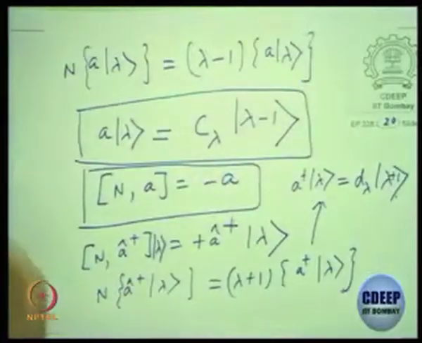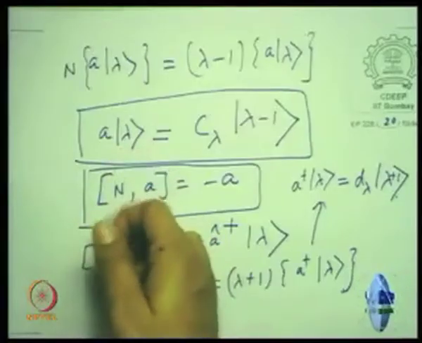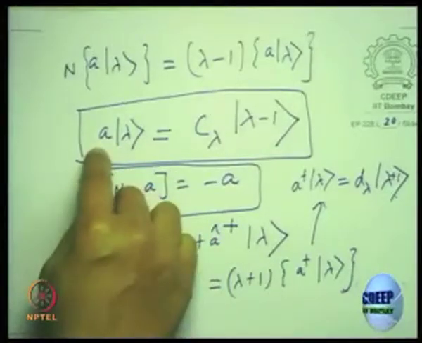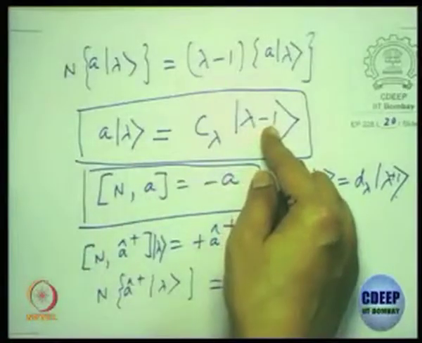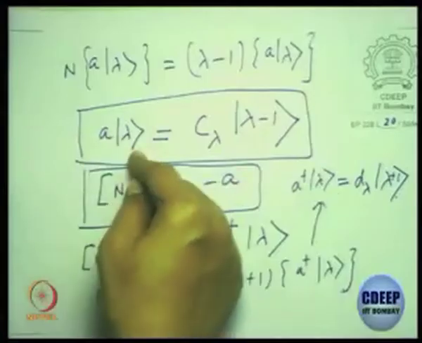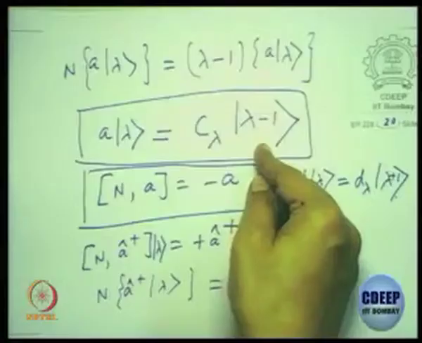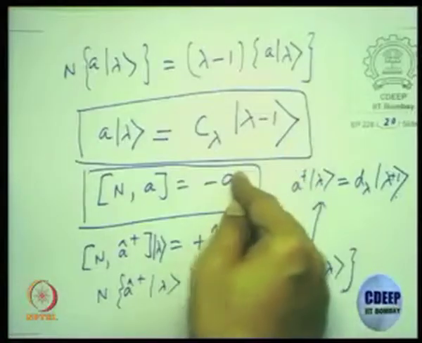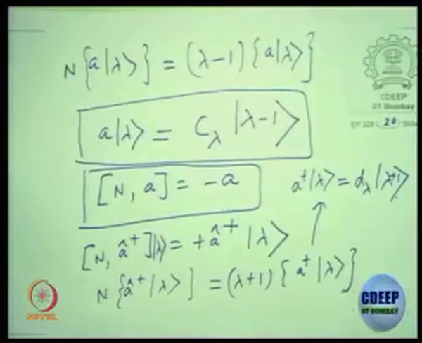What is the possibility? Suppose lambda was 1.5 or something. If I do first A, it goes to 0.5. If I do another A, it will go to minus 0.5. But minus 0.5 is not allowed, because the expectation value of the number operator has to be greater than or equal to 0.